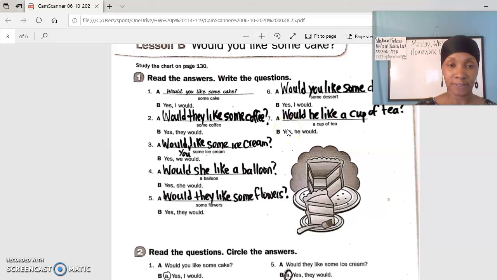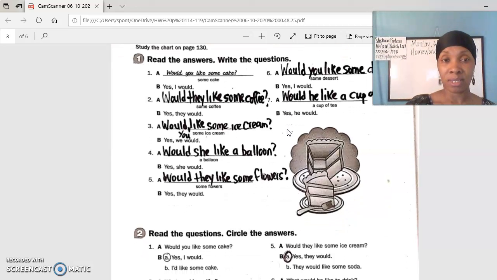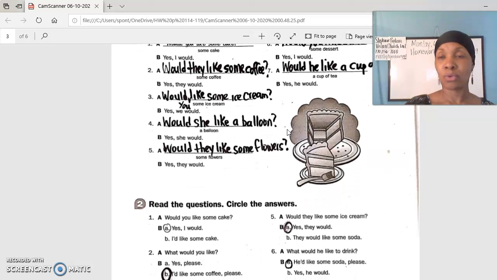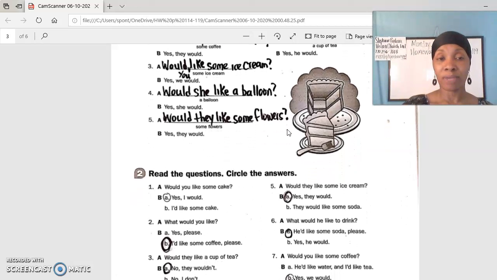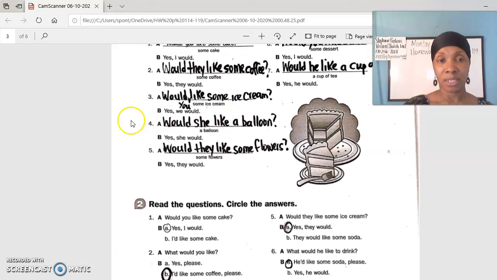Yes, he would. Okay, now whatever the answer is, that's the same pronoun that has to be in your question, right? So if the answer was they, your question should be they. If the answer was she, your question should be she, and so on. Although you may have noticed that sometimes, like with 3, you said, would you like some ice cream?